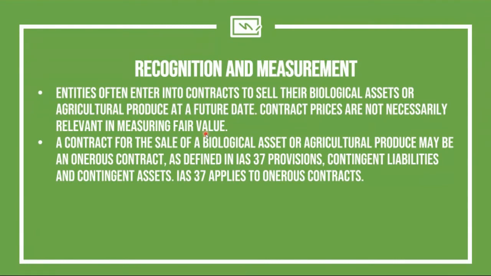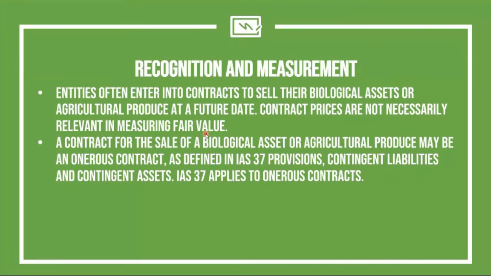Okay? So, as an example, let's say the fair value of all your biological assets subject to the contract that you entered into is 1 million. So there is a 1 million fair value or fair value less cost to sell. Let's assume that's everything. Fair value less cost to sell is already 1 million. The contract price you entered into is 950,000.